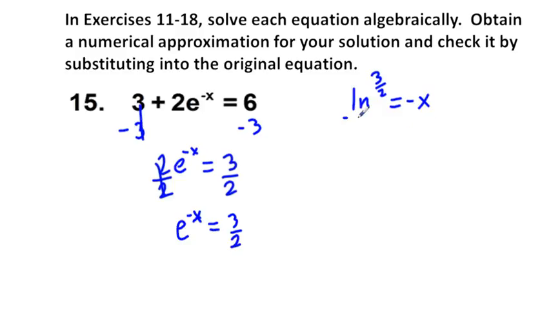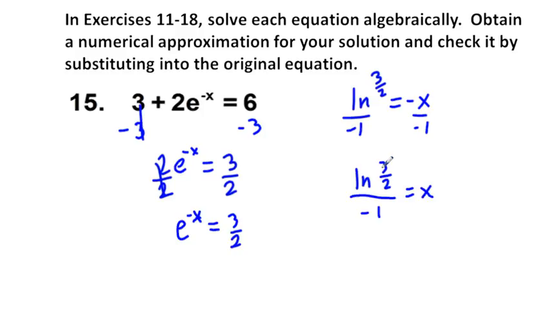And next, if we divide both sides of this equation, or multiply both sides for that matter, by -1, we cancel out the negative on the right side, and we have the natural logarithm of 3 over 2, over -1, is equal to x.